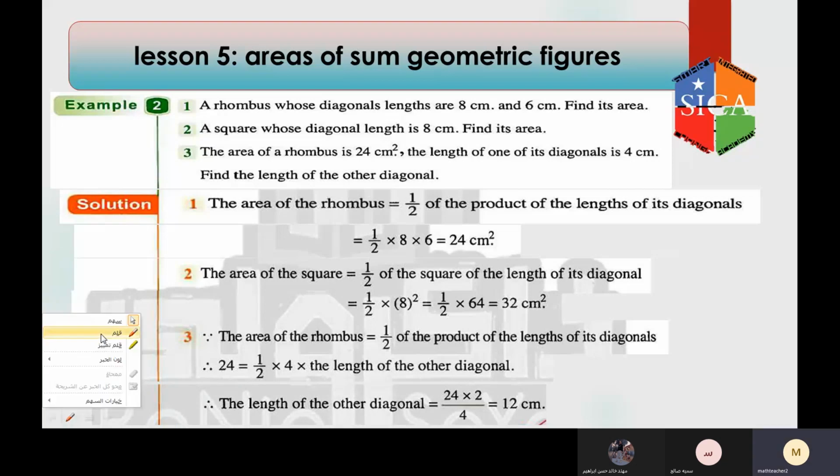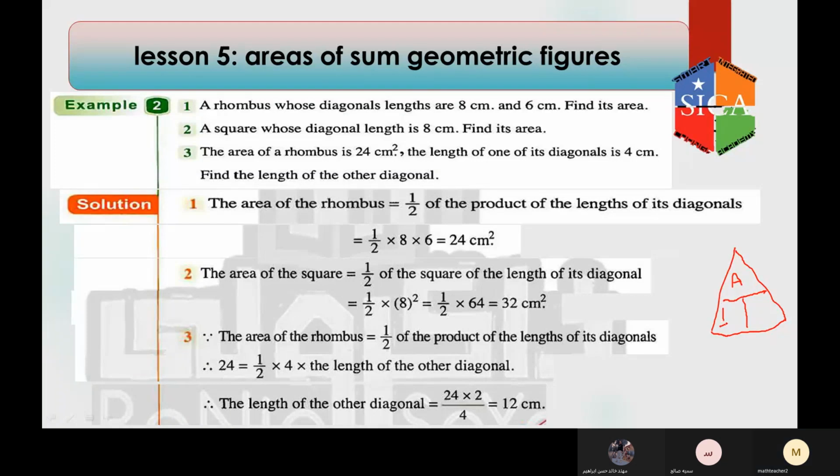If you ask me to get the other diagonal, we can use the rule as the following. Here is the area. Here we'll put half D1 and here we'll put D2.